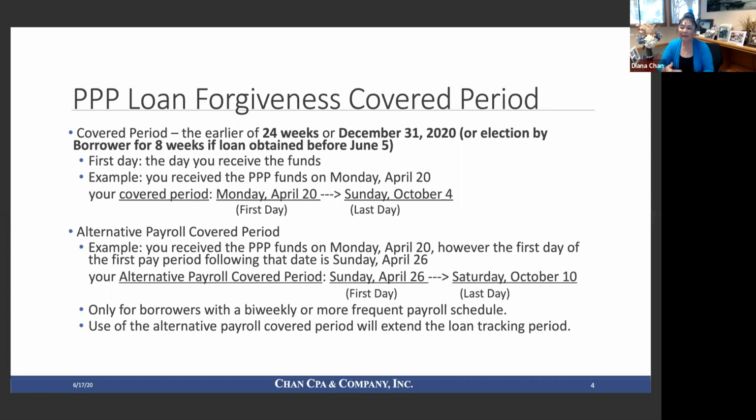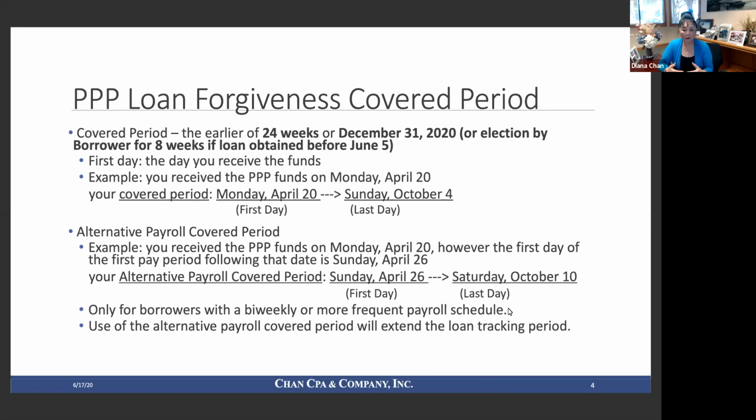There's another thing that is of importance that you'll need to know, because many clients have asked us, okay, so what happens if my payroll is off cycle prior to me receiving or right after I received the loan, then I had a payroll the week before. So they gave us an option to do what we call an alternative payroll covered period. And this only is in effect for the payrolls for biweekly or weekly coverage.